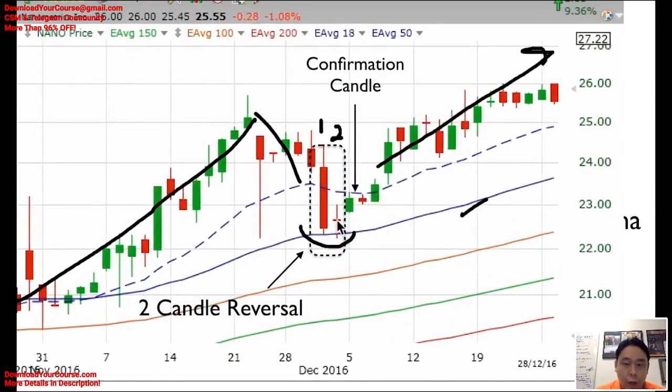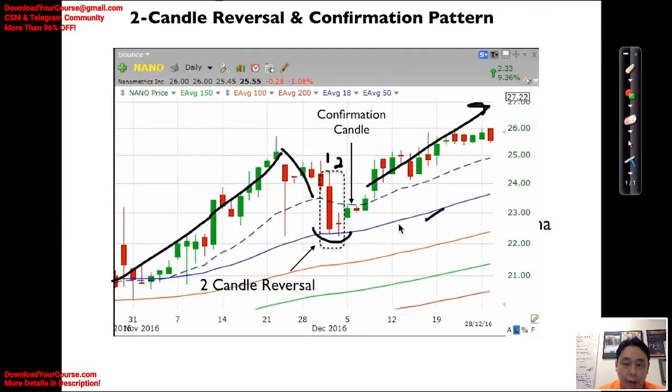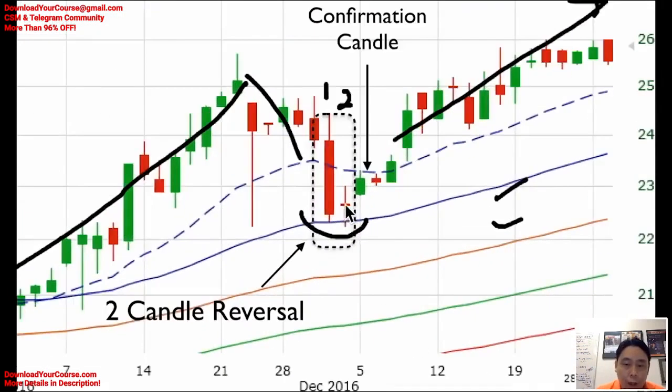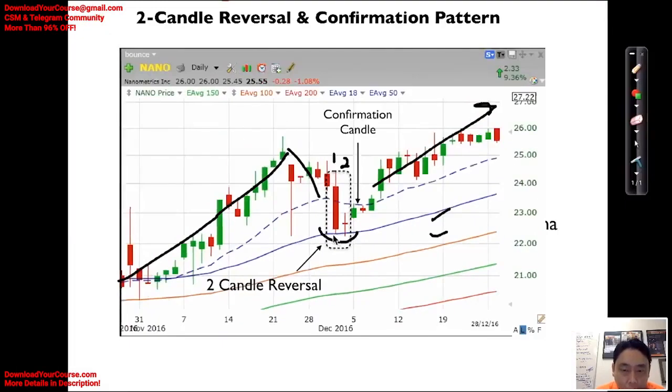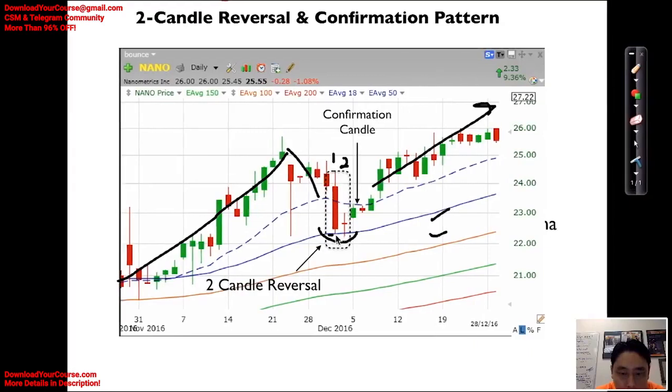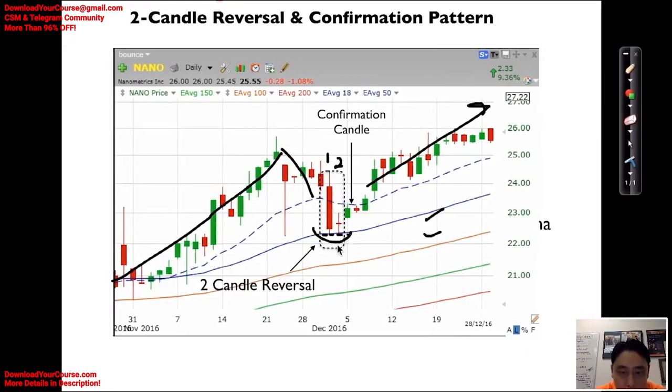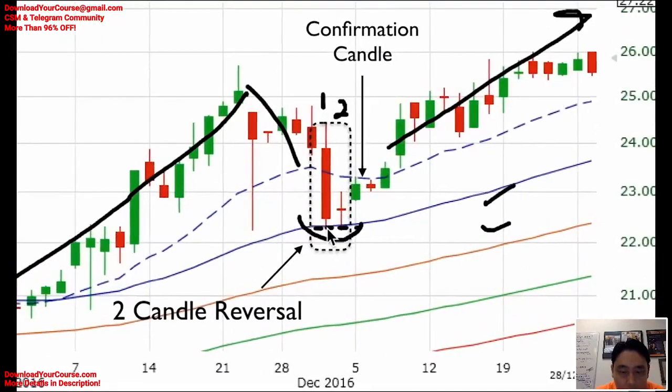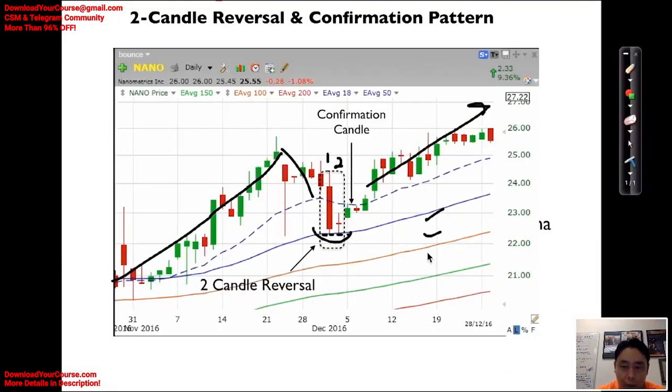The lower shadow cuts the moving average. Check. The lower shadow cuts the low of the previous day's candle, represented by this dotted line which I'm drawing right now. So does this low cut this low? Yes. Check. There you go. It's a valid two-candle reversal pattern, which means that there's a high chance we are going to bounce, okay?